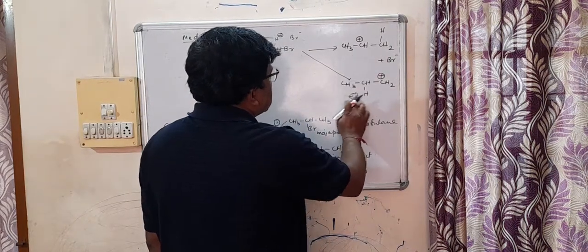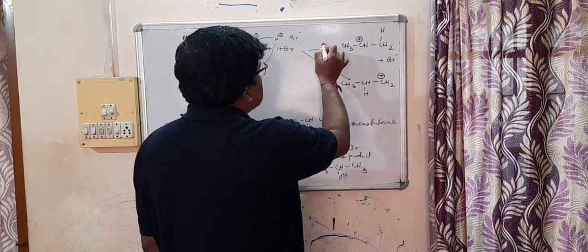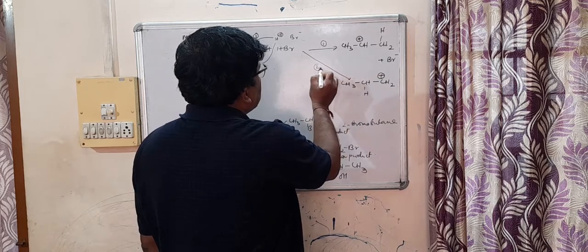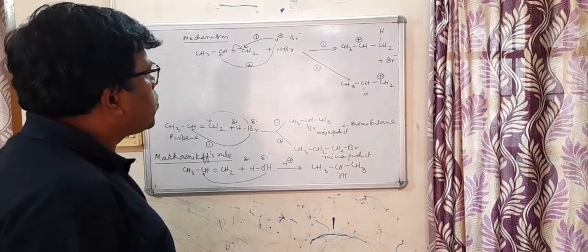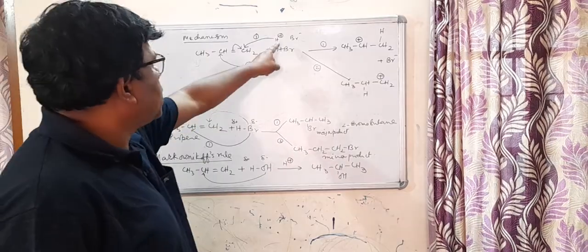I'm writing it here so that it will be easier to understand. This is one pathway, this is the second pathway. So carbocation is formed. There are two possibilities.